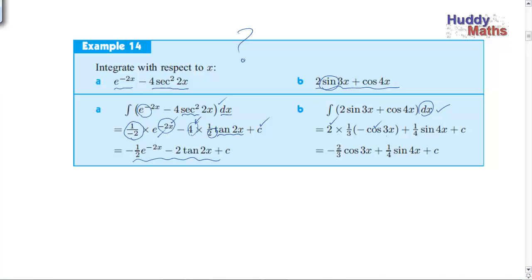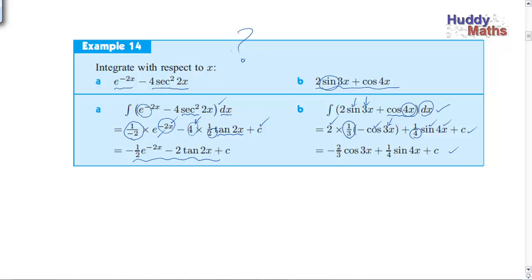So it's neg cos 3x, and then we have to divide by the derivative of this other function, because we see this is a function of something which is a function in x itself, 3x. And then integral of cos, when differentiated gives cos, it's sine 4x. And then we have to divide by the derivative of this function in here. And then we can tidy it up at the end. Don't forget the plus c.